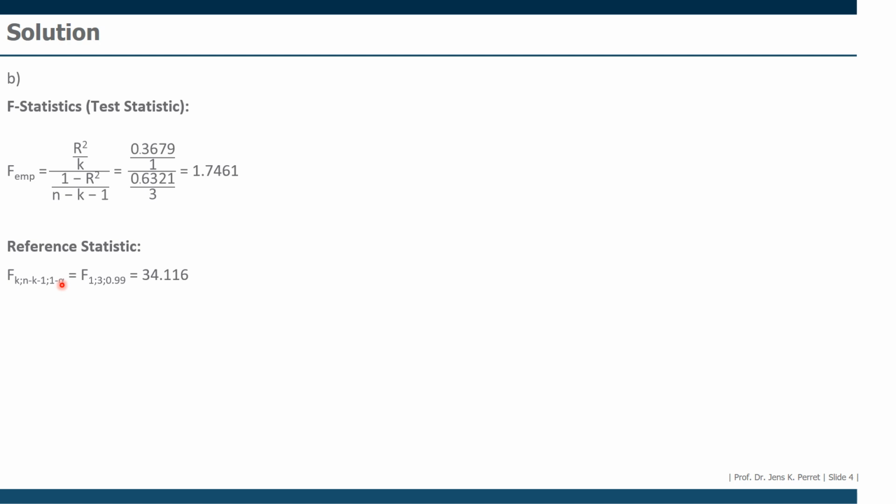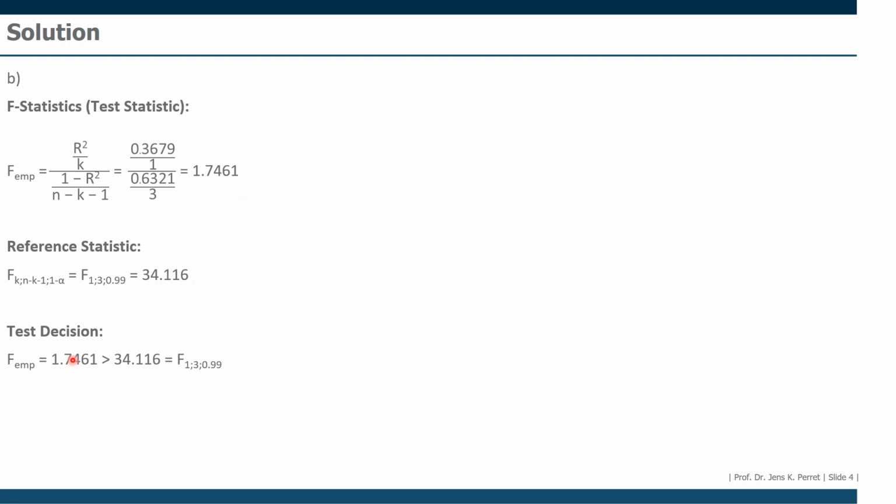We know from the exercise text that the margin of error should be 1%. So we have 1 minus 0.01, so 0.99. This value we look up in the table for the F distribution, giving us as a reference statistic 34.116. So that's more or less all the stuff we need, because then we can compare test and reference statistic.